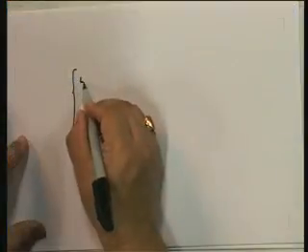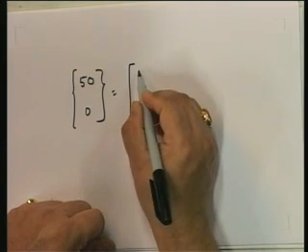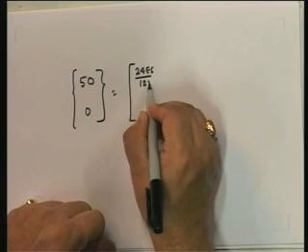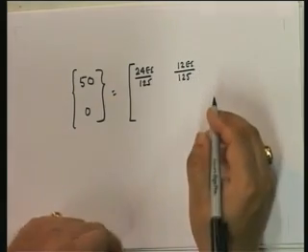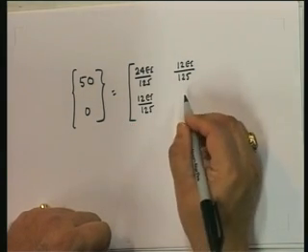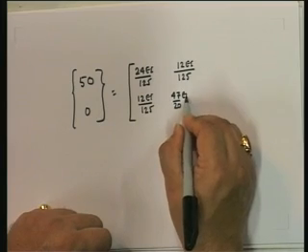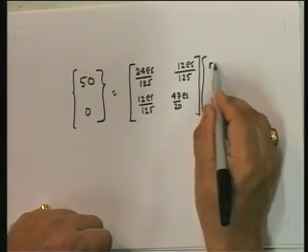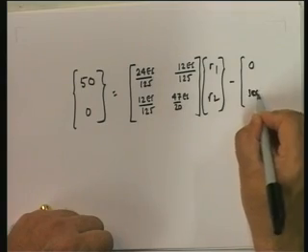So ultimately my equation looks like this: 50, 0 is equal to 24 EI upon 125, 12 EI upon 125, 12 EI upon 125, and 47 upon 20 EI into R1, R2, minus 0, 300.